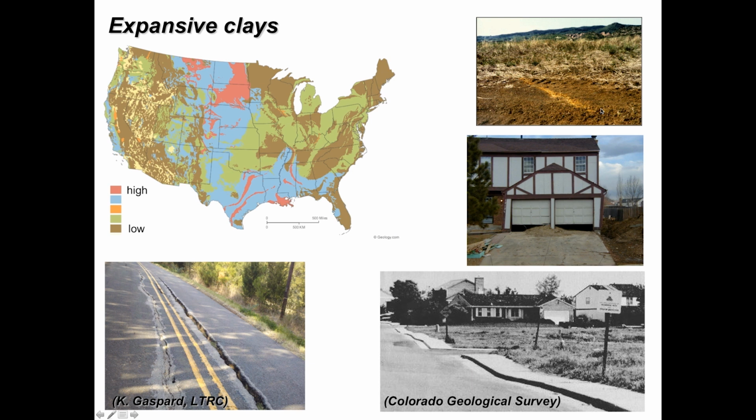Moving to the upper right here, this is an image from the front range of the Colorado Rockies somewhere outside Denver. The expansive clay problem there is very interesting from a geological engineering standpoint. The formations there, particularly right along the front range, are steeply dipping. So these are sedimentary layers that have been upturned to near vertical.